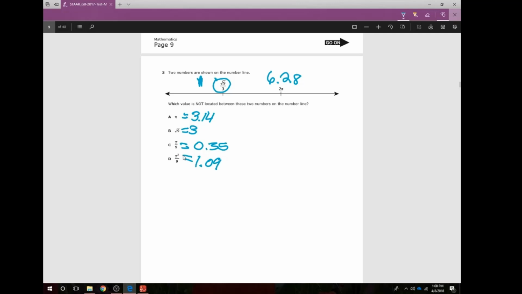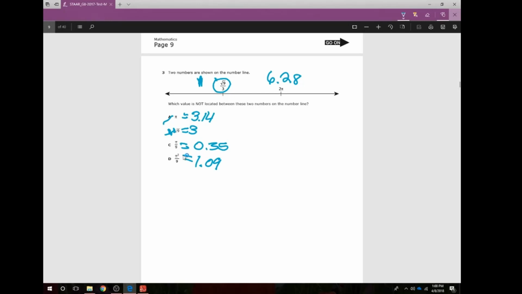All right, now we're looking for which of these numbers is not located between 1 and 6.28. So we ask ourselves, is 3.14 located between 1 and 6.28? It is, so it's not A. What about 3? Is 3 located between 1 and 6.28? It is, so it's not B. Choice C, is 0.35 between 1 and 6.28?